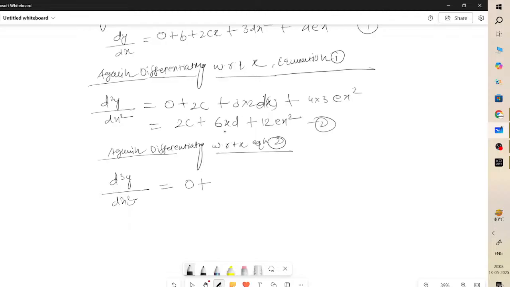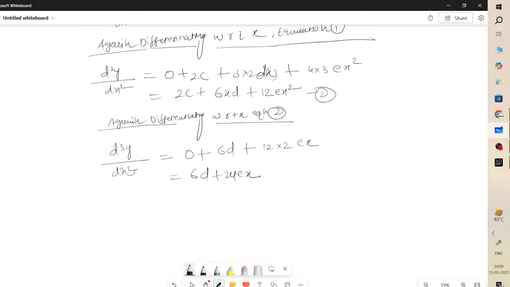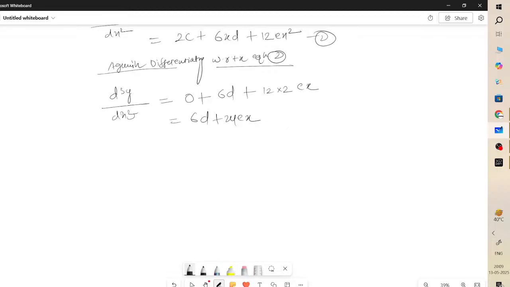Now here 6dx, and differentiation of x is 1 with respect to x, so we get 6d plus 12 into 2 ex. What value we get? We get 6d plus 24ex. Now name this equation 3.